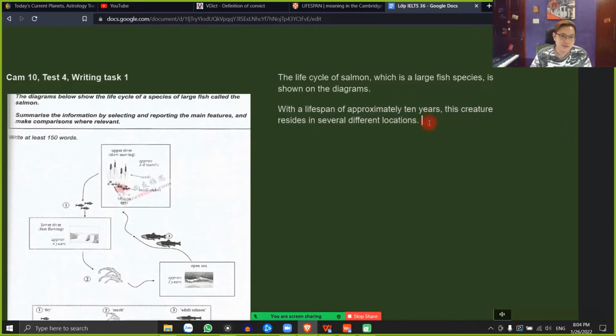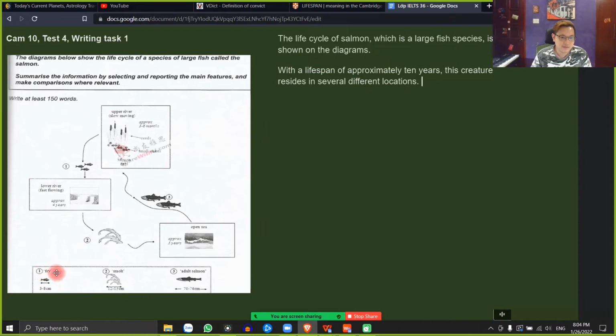In several different locations, I can mention that at the different stages of its development, there are different names for different stages of the salmon's development.